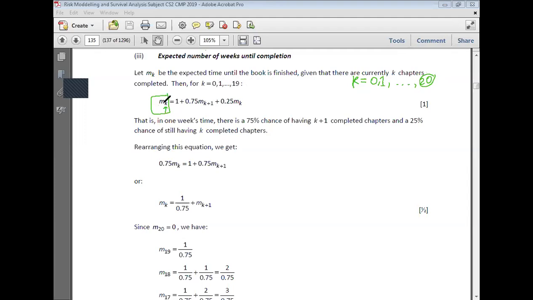If you're looking at M20, then the book is already finished, so there is nothing that you will wait for after it. M_K will just be the time that you have observed up until now. So now you understand why they have written K going from 0 till only 19 here. Any doubt so far?